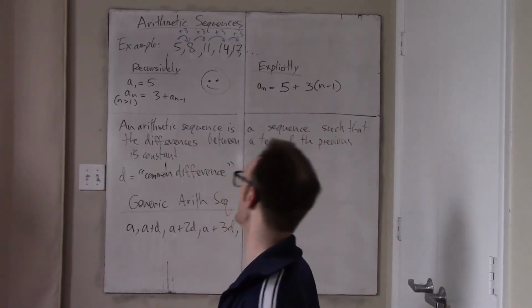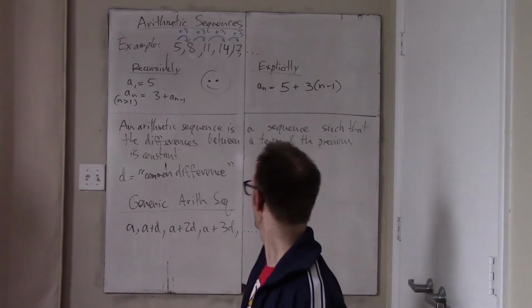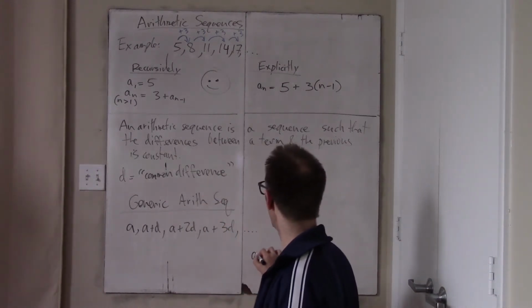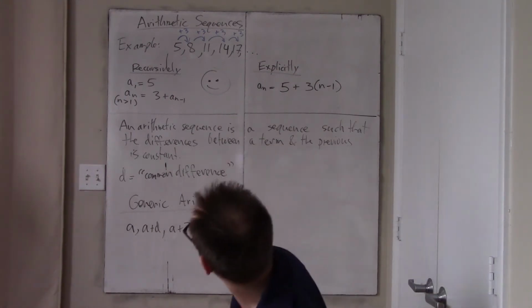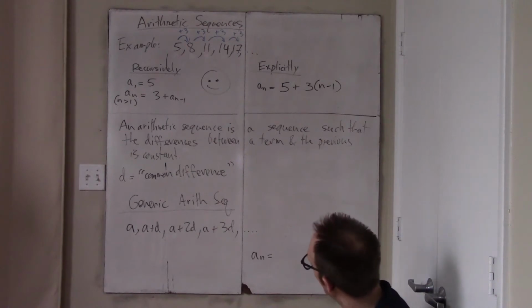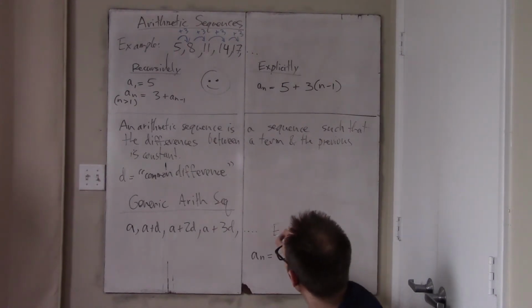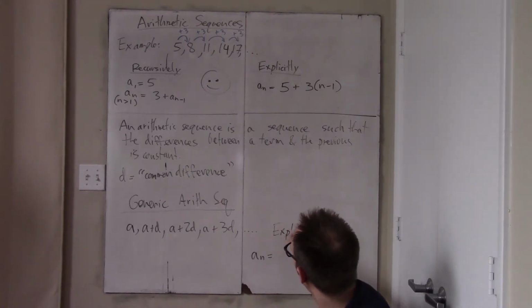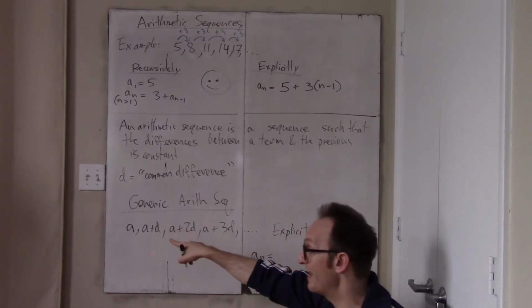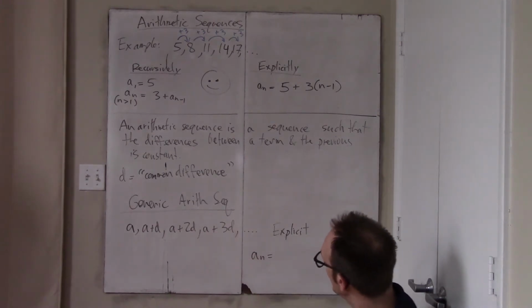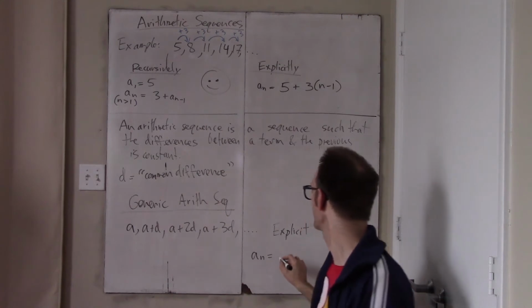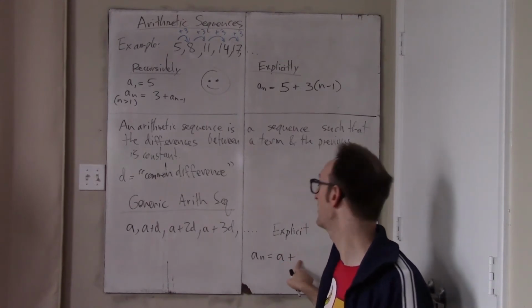And if that's what a generic arithmetic sequence looks like, then what is the formula for the nth term? Well, I think it's pretty clear. It's just a more general version of what we already did. The explicit formula for the nth term in an arithmetic sequence with first term a and common difference d is: every single one of these terms is going to be of the form a plus a bunch of d's.